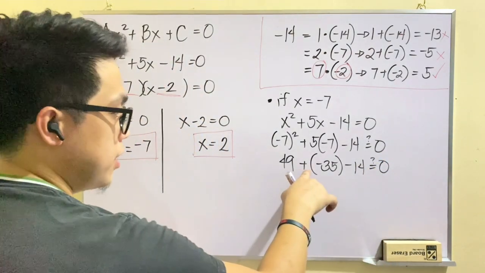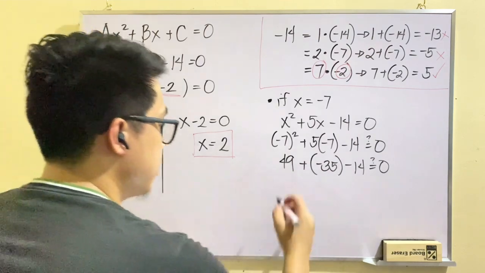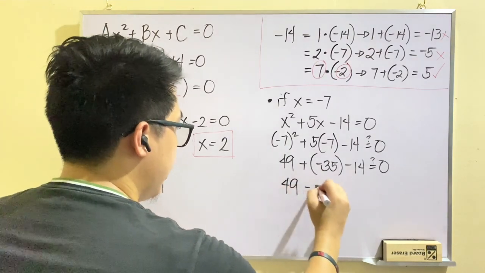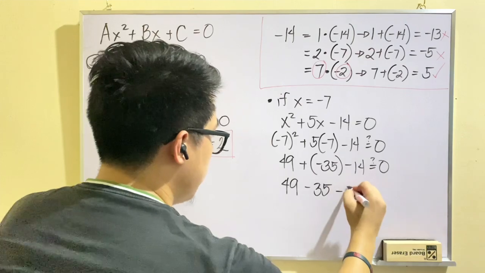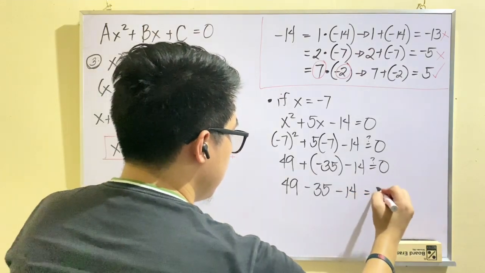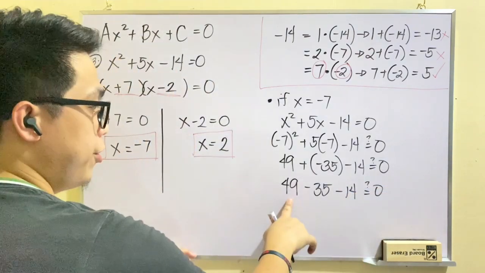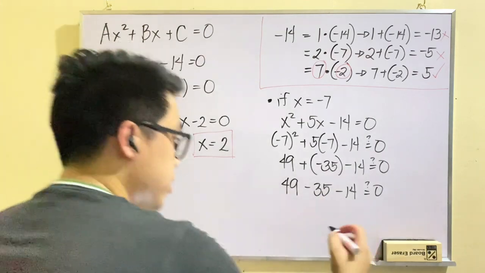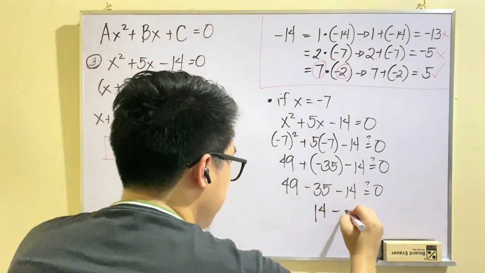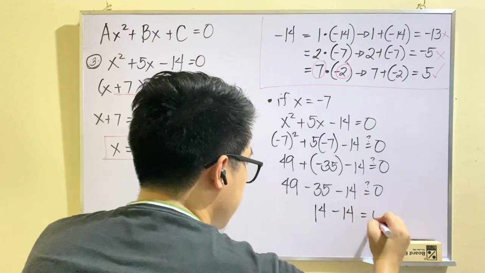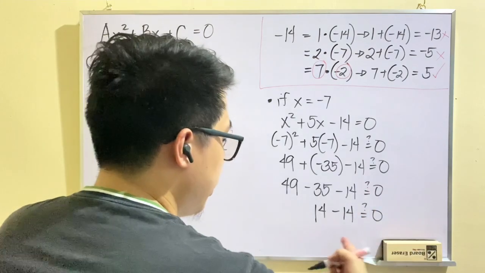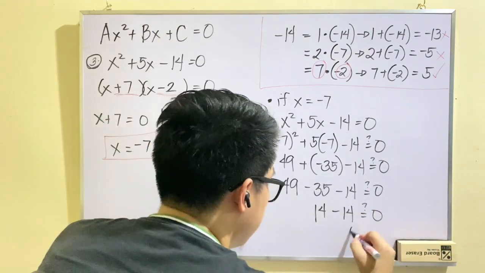Next, positive times negative is, of course, a negative number. Minus 14, is it equal to 0? 49 minus 35 is, of course, 14. Minus 14, is it equal to 0? 14 minus 14 is 0.